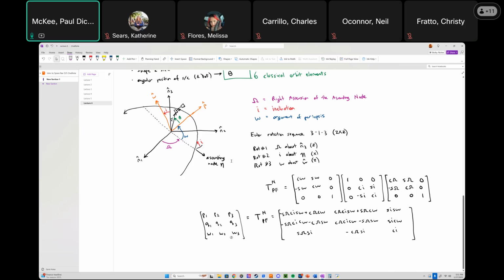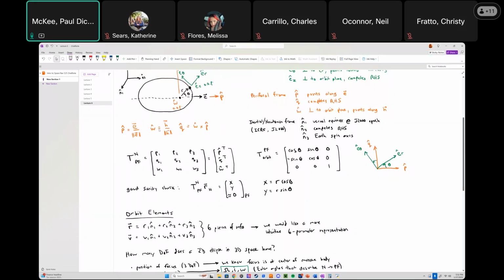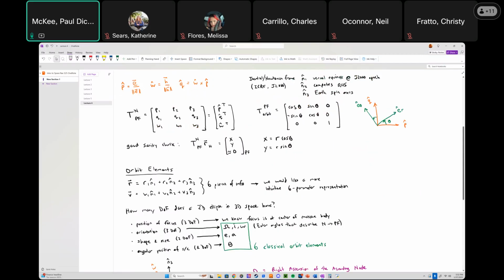The Newtonian to parafocal reference frame, if you can build the P basis vector and the W basis vector and then construct the Q basis vector, you get this matrix. So now you can arrive at this matrix either from E and H, which themselves come from position and velocity, or from the angles, capital omega, I, and little omega.